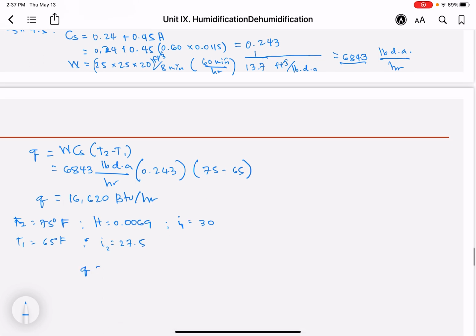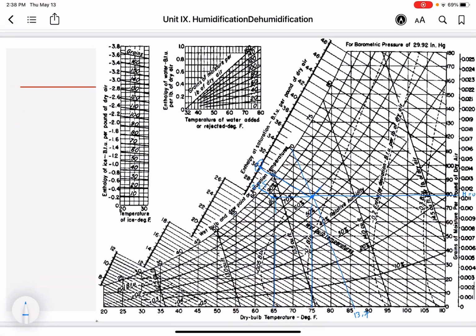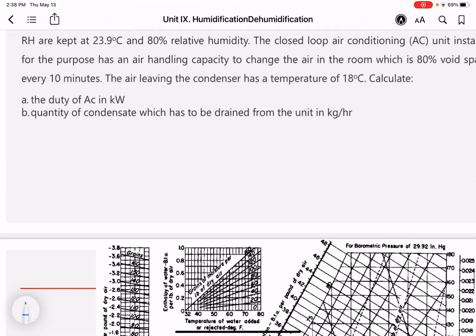Therefore, to get the final Q, I have W times I2 minus I1. W is around 6843 pound dry air per hour times 30 minus 27.5. The unit here is BTU per pound dry air.